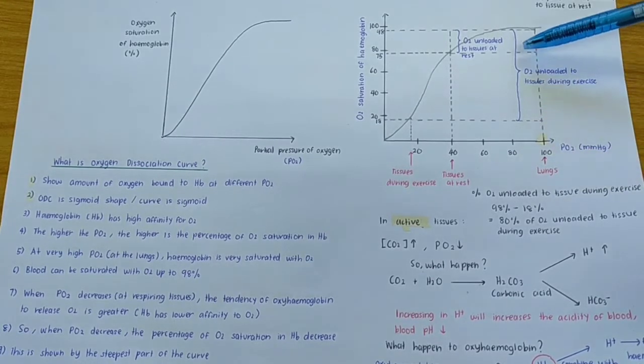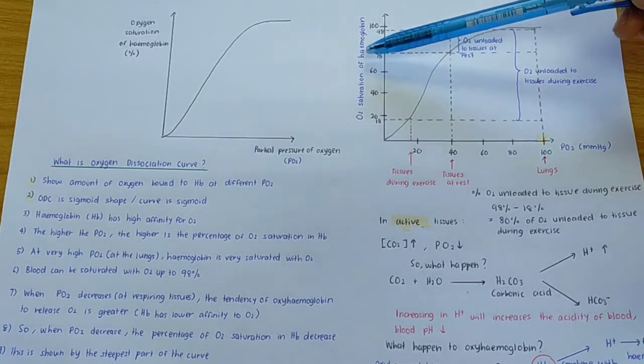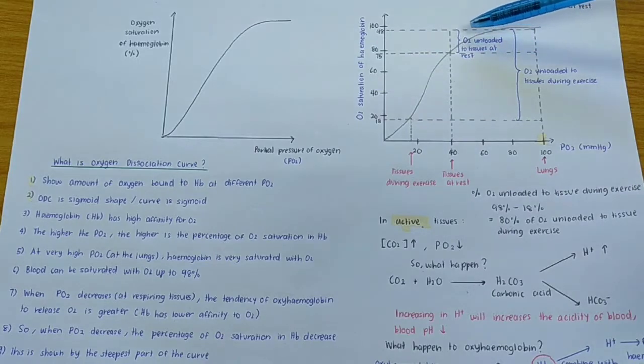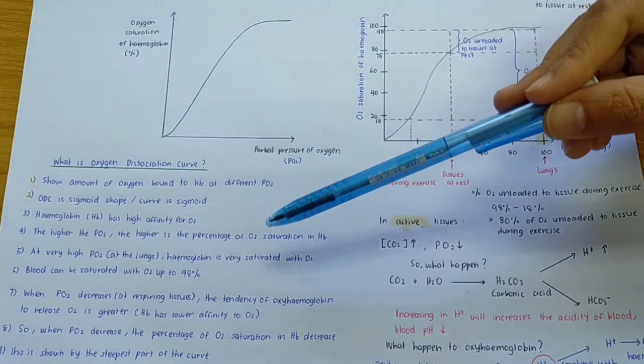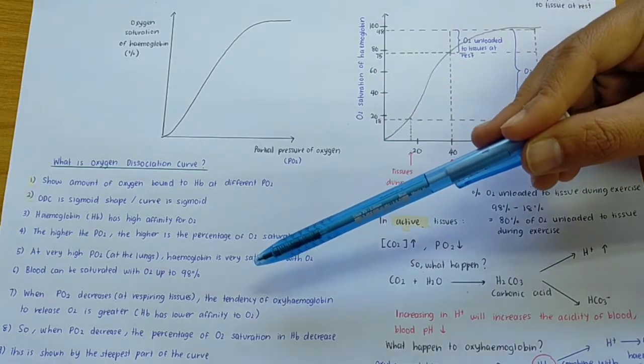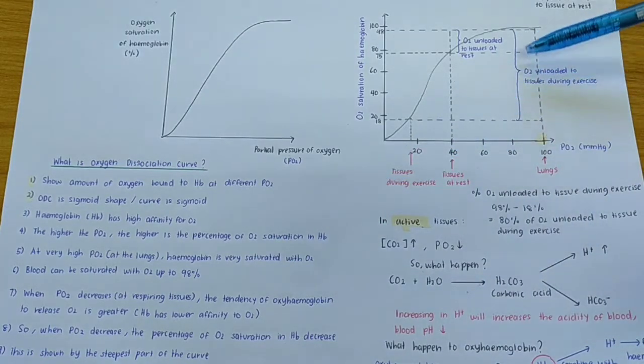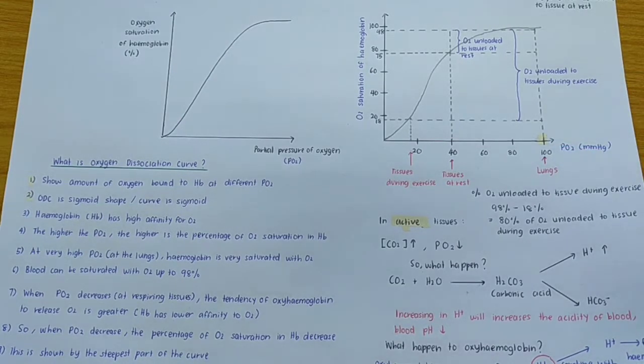So what happens to the percentage oxygen saturation of hemoglobin? It will be the highest. Blood can be saturated with oxygen up to 98% at the lung. So the percentage of oxygen bound to the hemoglobin is the highest at the lung, because the partial pressure of oxygen at the lung is very high.